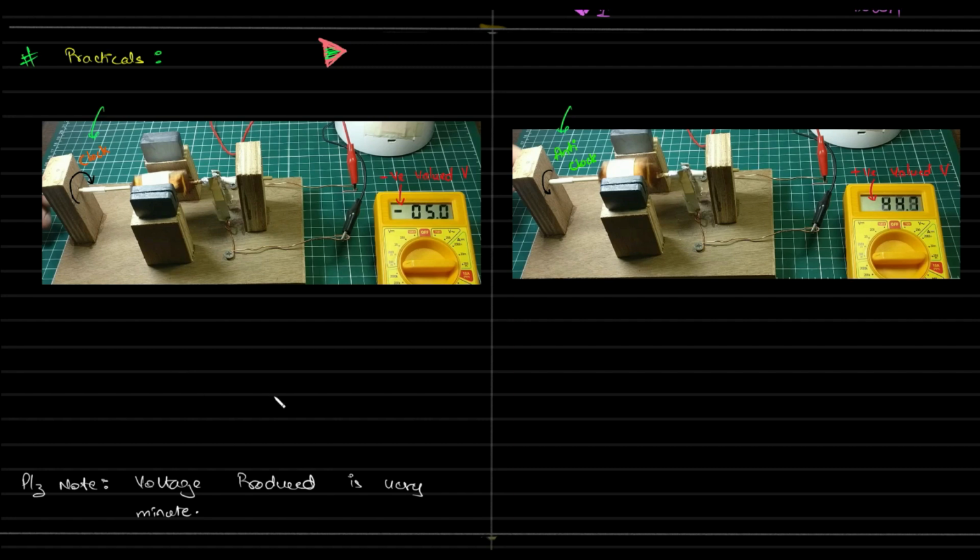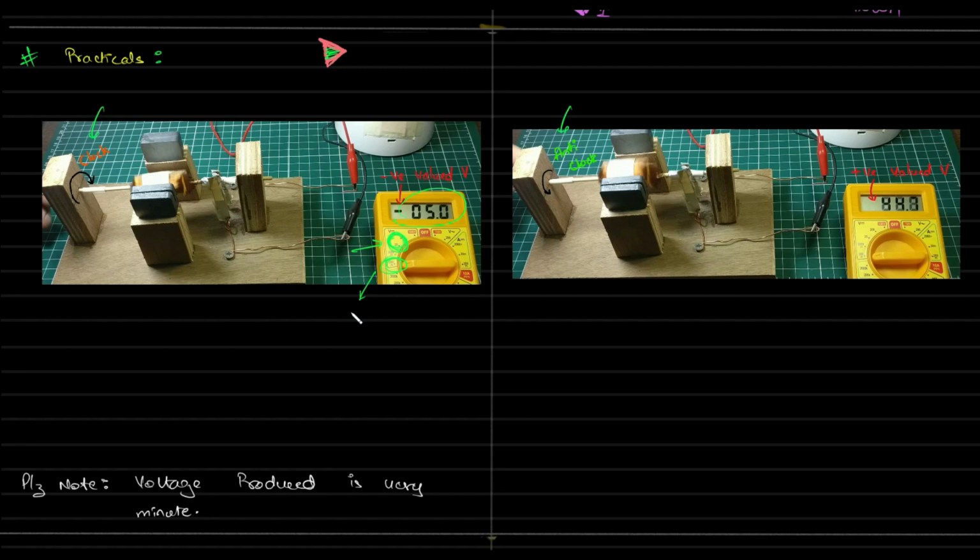One small note: this value is not 5 volt. It's actually milli, not micro, milli. This is a really small voltage.